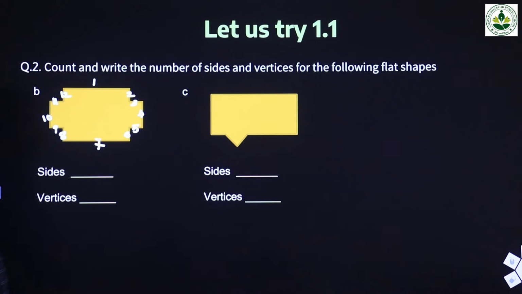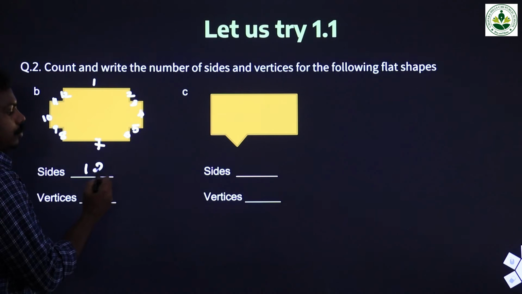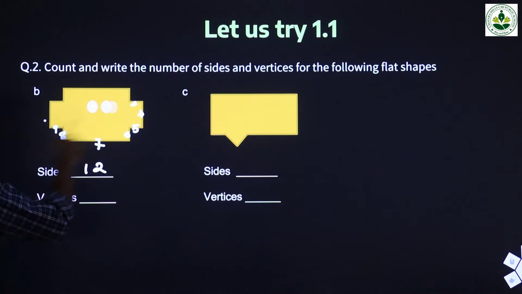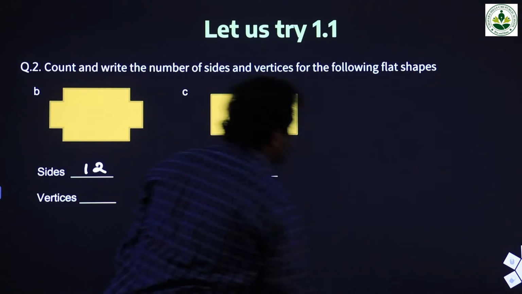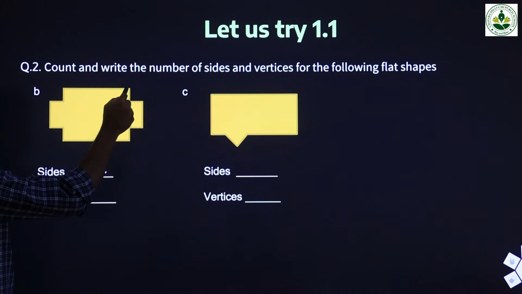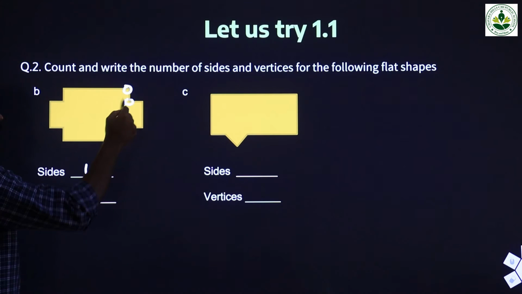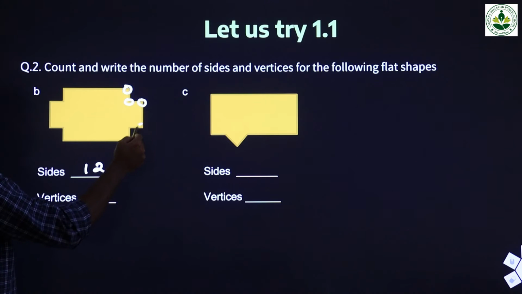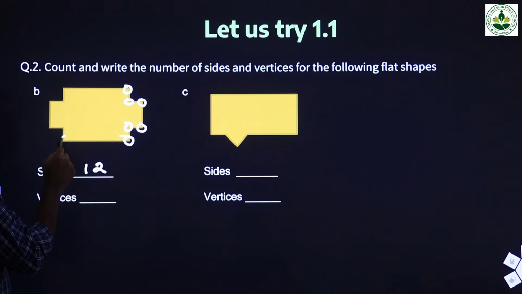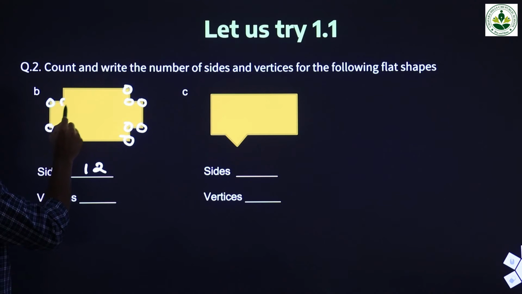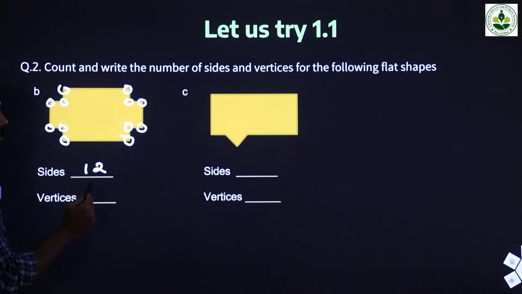The number of sides of this shape is 12. Number of corners, number of vertices are 1, 2, 3, 4, 5, 6, 7, 8, 9, 10, 11, 12. Number of vertices or corners are 12.